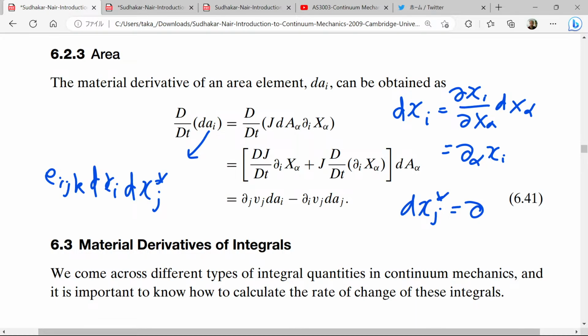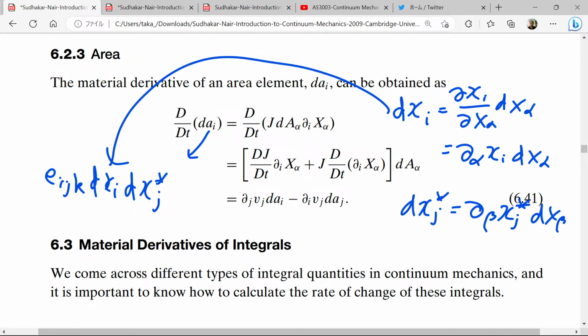Partial, no. Here dx alpha. Partial beta xj star, dx beta. So you put this in here and here.